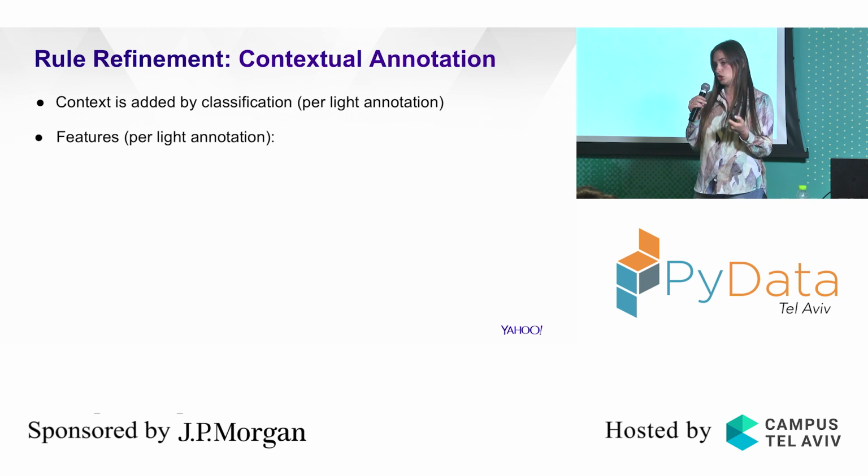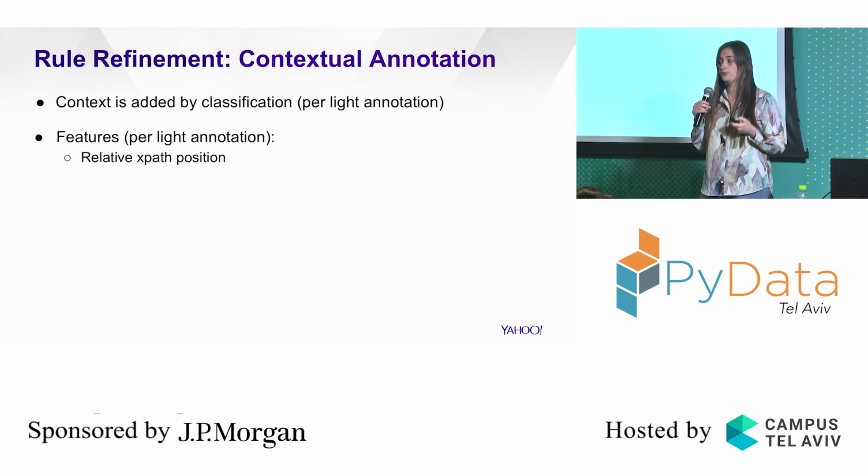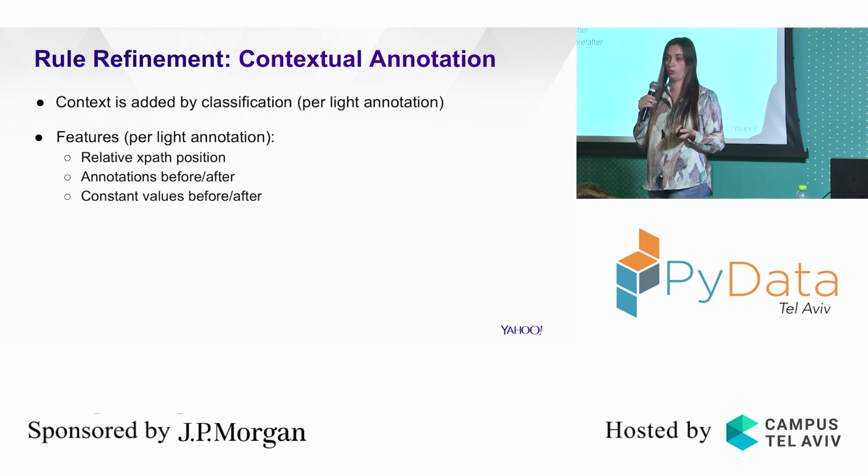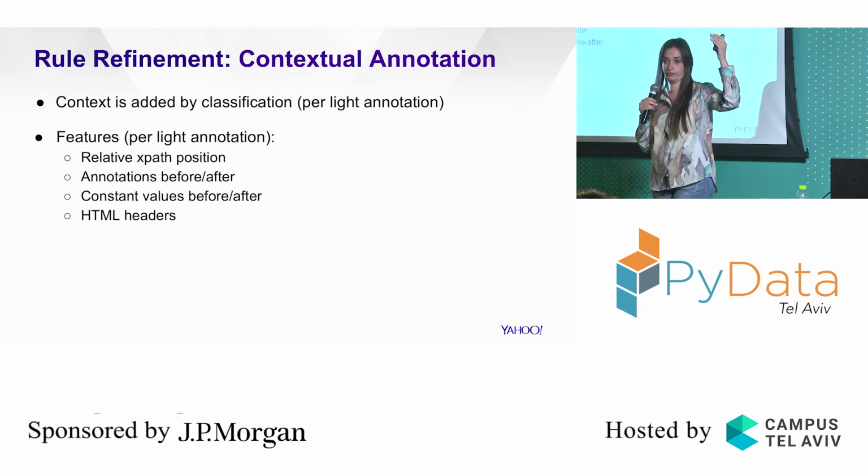We will have features for each light annotation inside the XPath. The different features we used are, for example, relative XPath position. Why is it important? Because the booking date usually appears at the top of the message, and we want our classifier to be able to learn it.